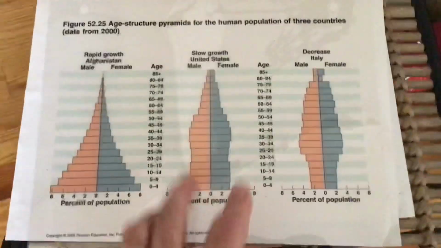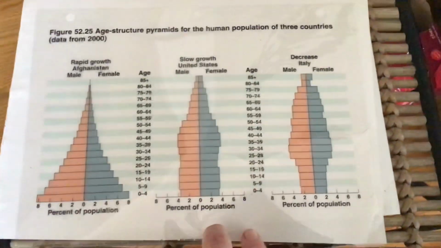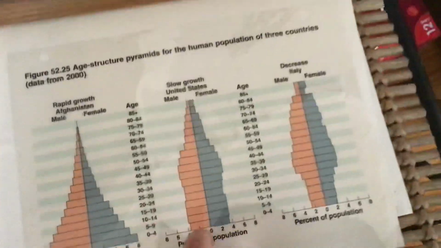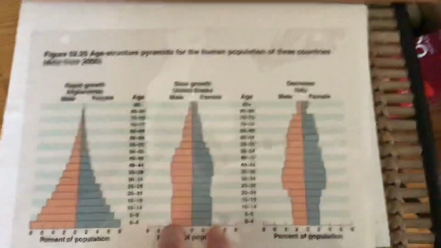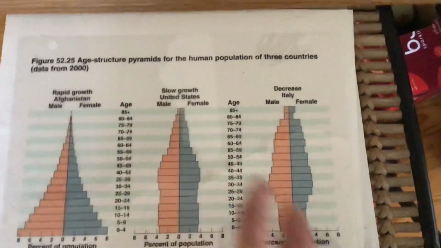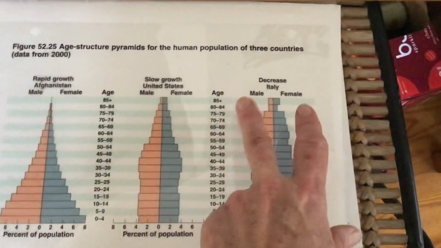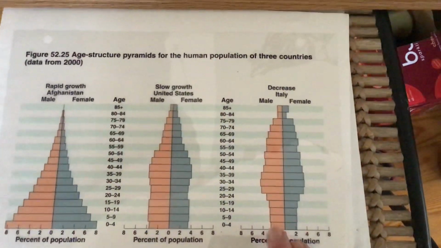One that is more straight up and down, like these two. These guys are really slow growth, and this one especially is slow growth, where you have many people entering into the older age. And this one is kind of negative growth, but actually a lot of times it might be even an inverted pyramid.